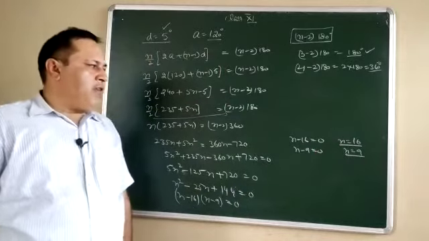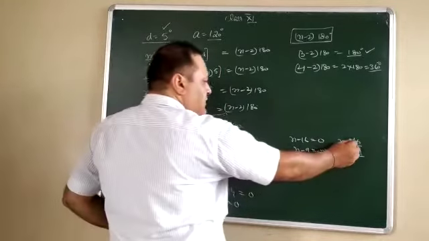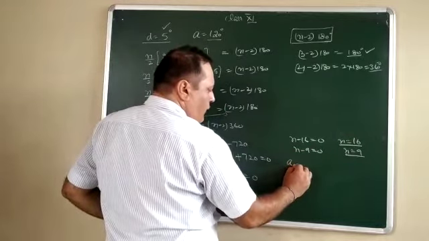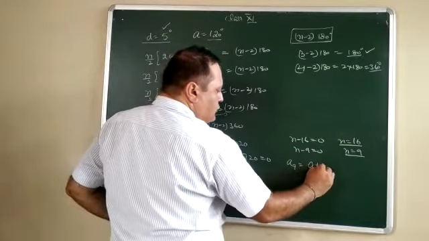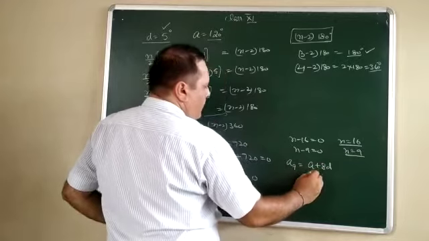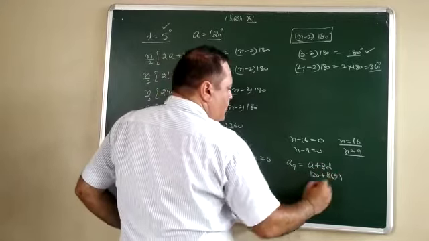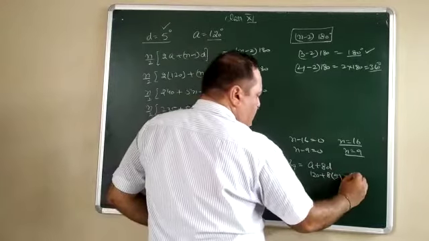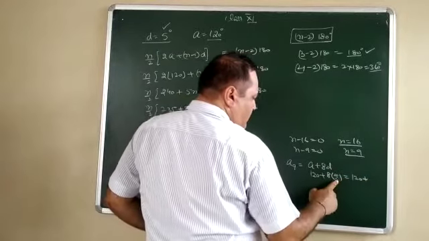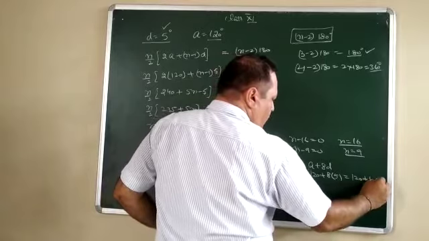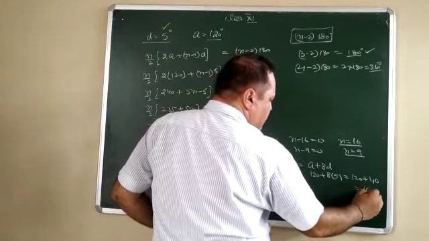So let us verify which answer is correct. First of all, we find a9. a9 is equal to a plus 8d, with a equal to 120 plus 8 into d, that is 5 degrees. So it is 120 plus 8 fives are 40, which is 160 degrees.